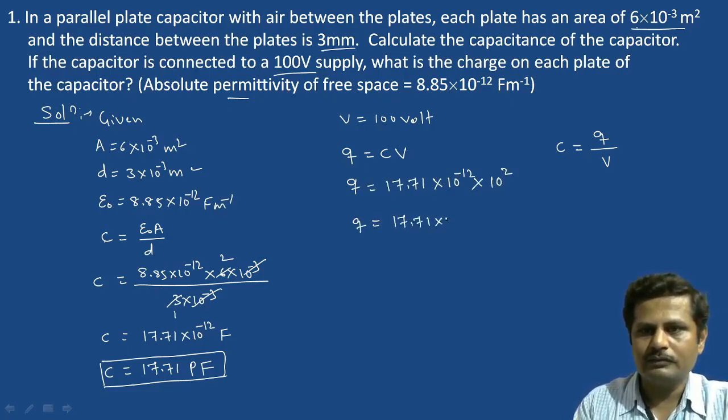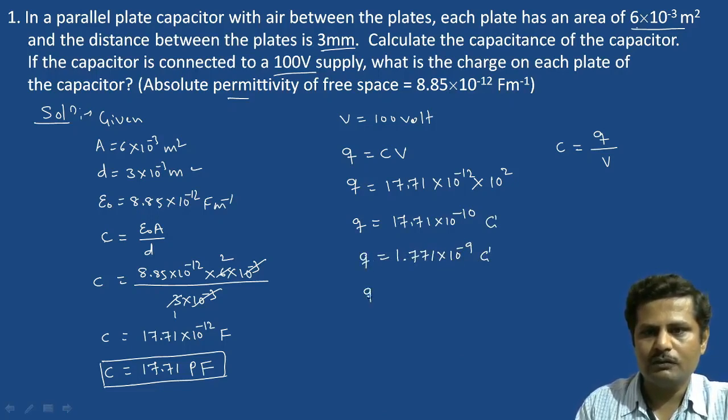17.71 × 10^-10 coulomb, or else we could write 1.771 × 10^-9 coulomb.